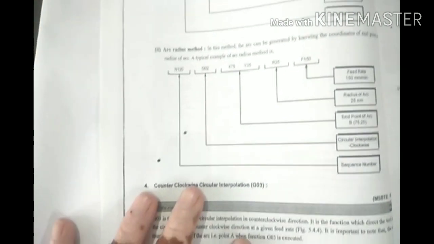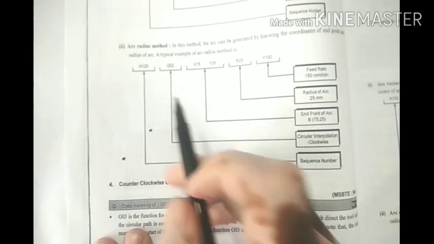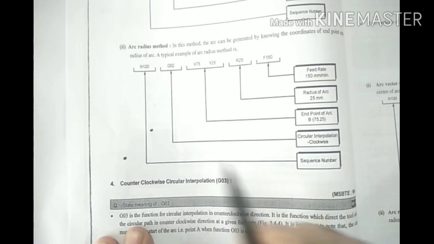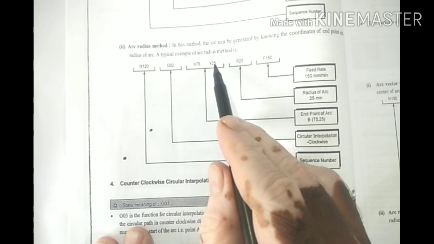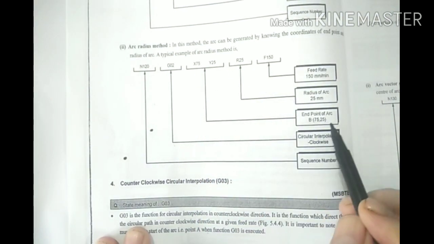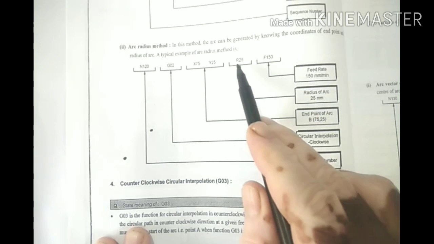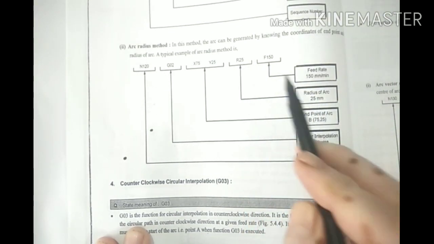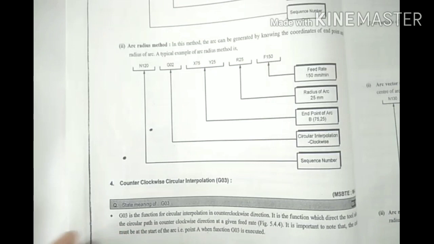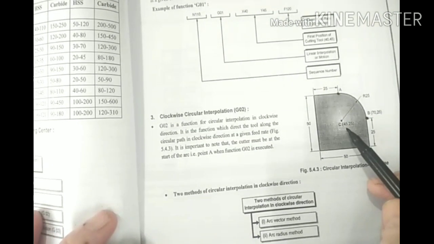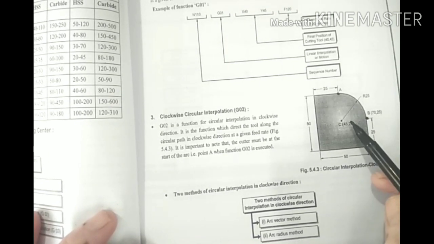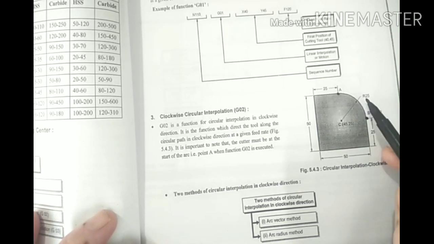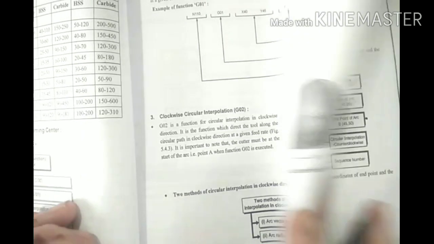Then arc radius method: N120, that is the sequence number, G02, that is circular interpolation, X70 Y25, that is the end point of the arc, 70 and 25, R25, radius of the arc is 25, and feed rate is 150. So here the center is C 45 and end of the arc 70, 25. And if you are using the arc radius method, the radius is to be given as 25.